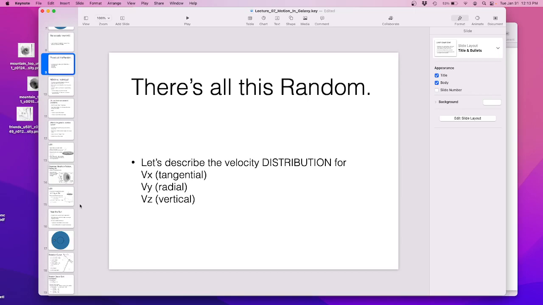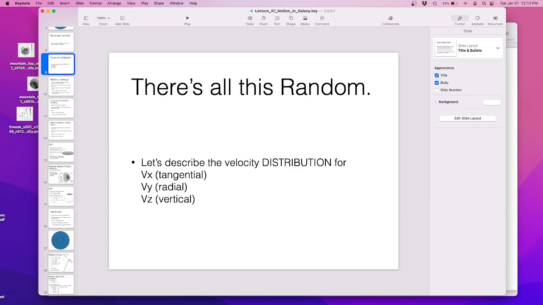And then V, which is the one I care about, is the motion into the plane or out of the plane, and that all is distributed like this. It's not centered around 0, it's centered around 270 kilometers a second.